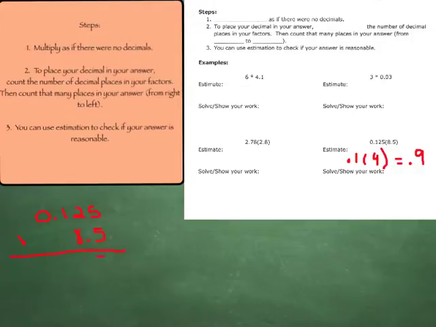5 times 5 is 25. Carry the 2. 5 times 2 is 10, plus 2 is 12. 5 times 1 is 5, plus 1 is 6. 5 times 0 is 0.